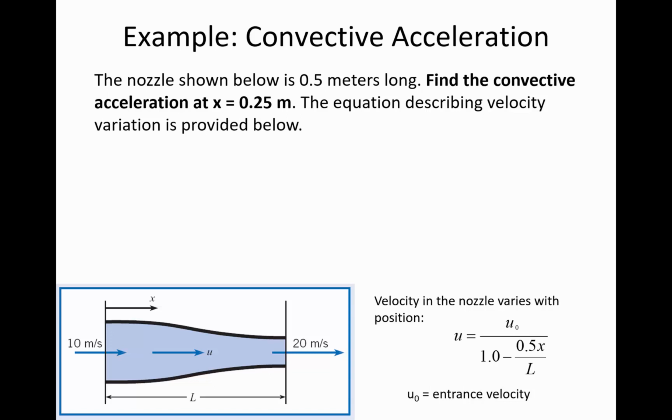The velocity in the middle hopefully should be somewhere between 10 and 20. If it's not between 10 and 20, then things have gone horribly wrong. So 0.5, 0.25. Anybody running these numbers as well? What I got is 13.3 meters per second. Let me just double check that.